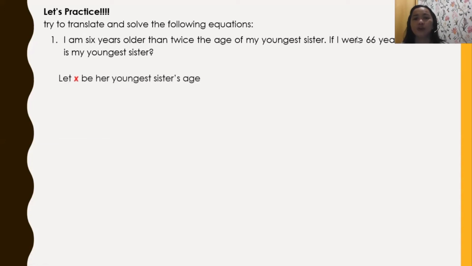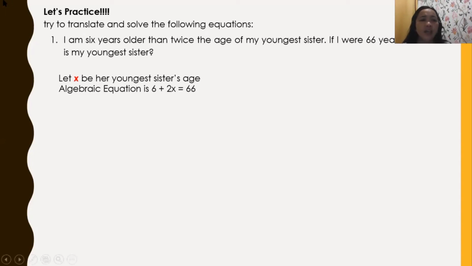If I were 66 years old, how old is my youngest sister? Now, let's use x as our variable to represent my youngest sister's age. Therefore, the algebraic equation is 6 plus 2x equals 66.